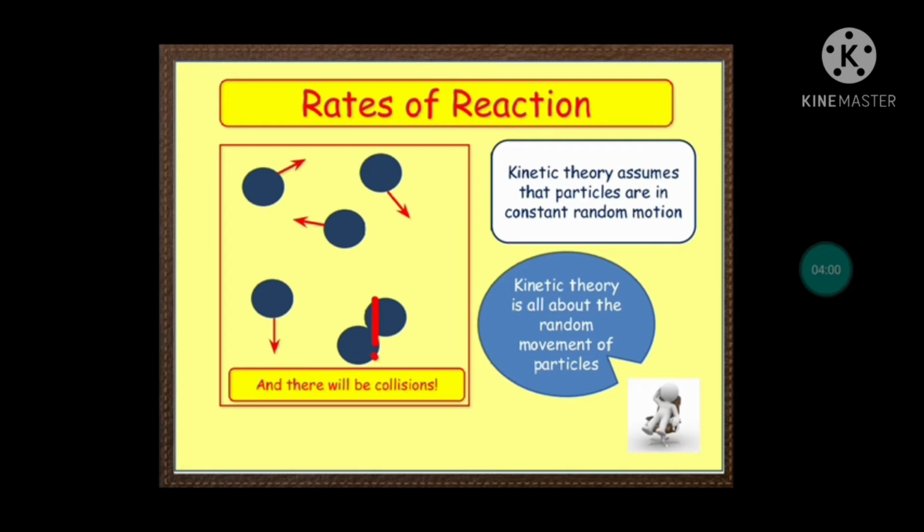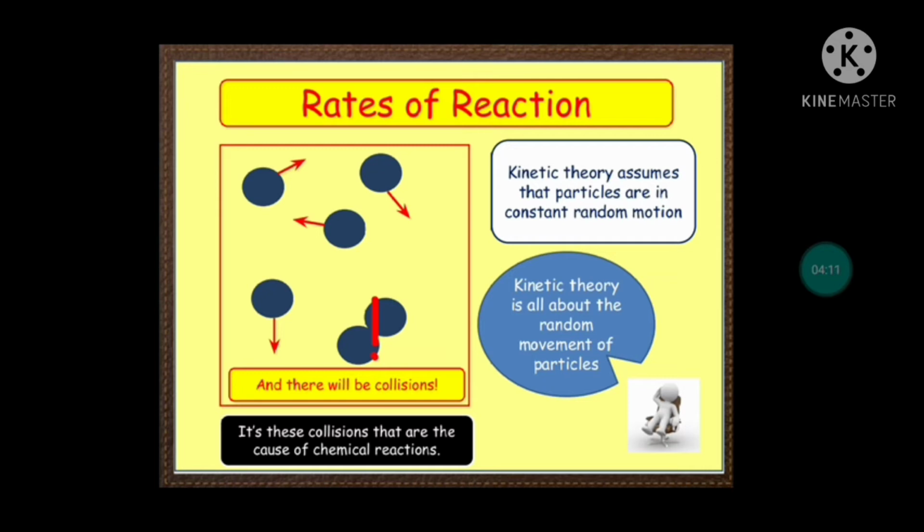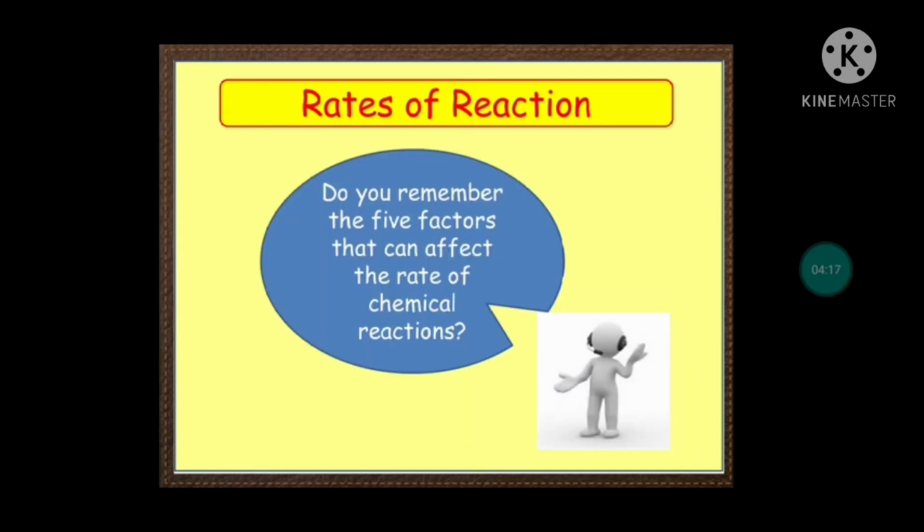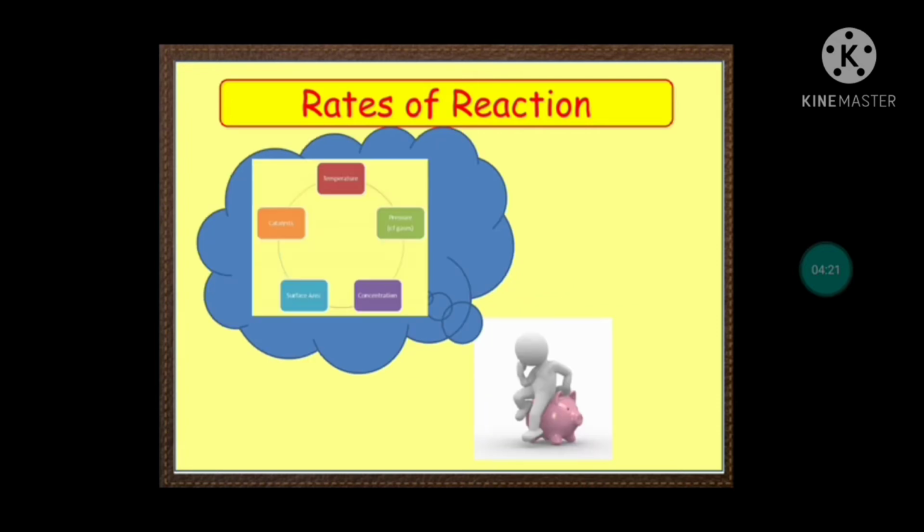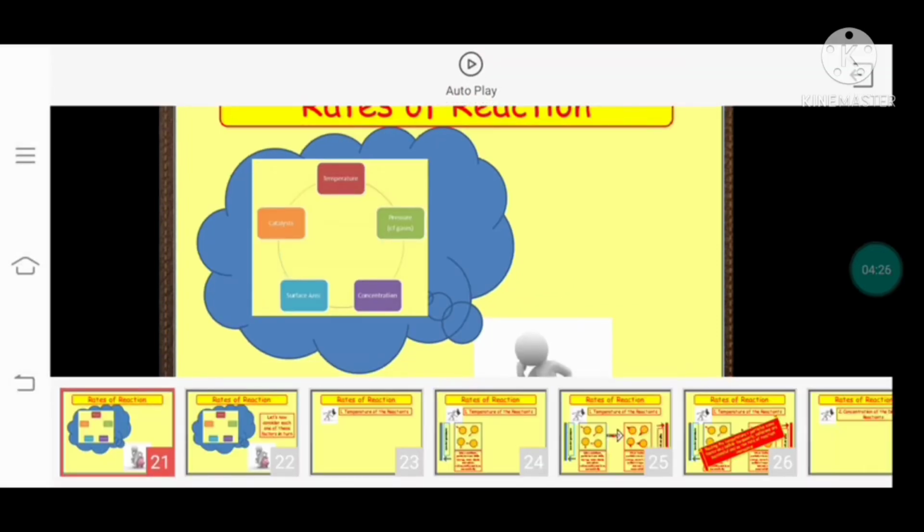You can check it here. Whenever a collision happens, for the reactants to form the product, they should have sufficient energy as well. Particles which are not colliding will not form the product. So collision is important.